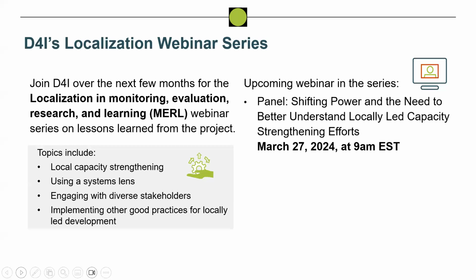Today is our second webinar in this series focused on localization in MERL. The webinar series will share tools and approaches for effective capacity action planning, monitoring sustainability, including local actors' roles in complex program systems, promoting local voices through social accountability methods, and more.